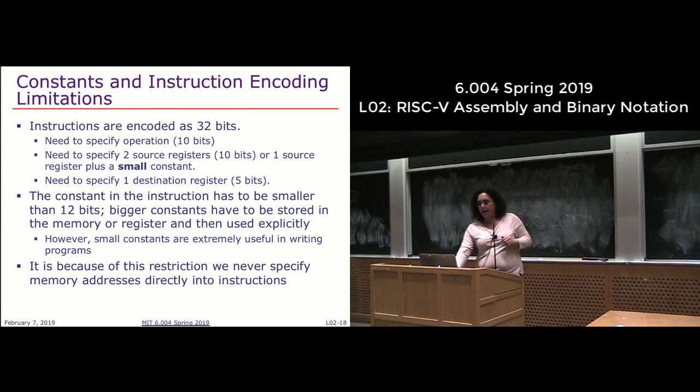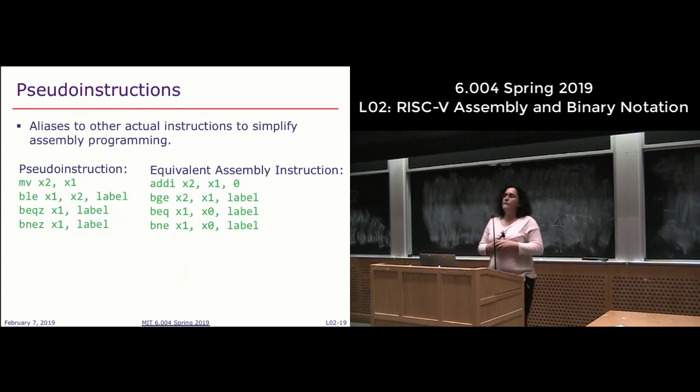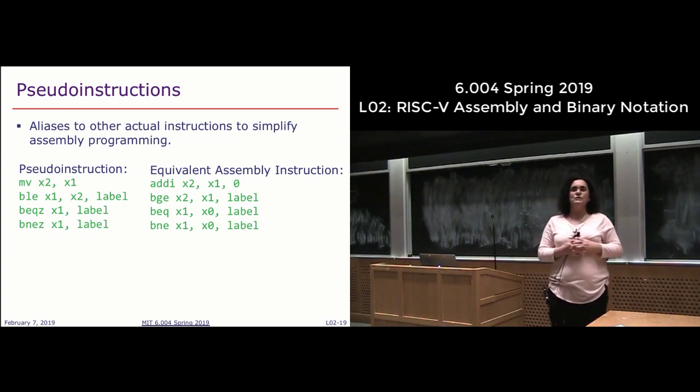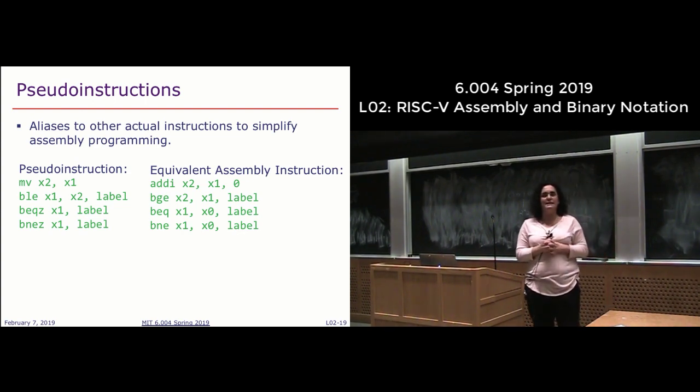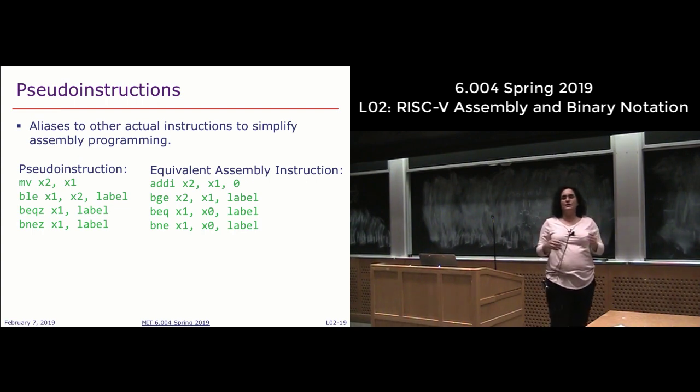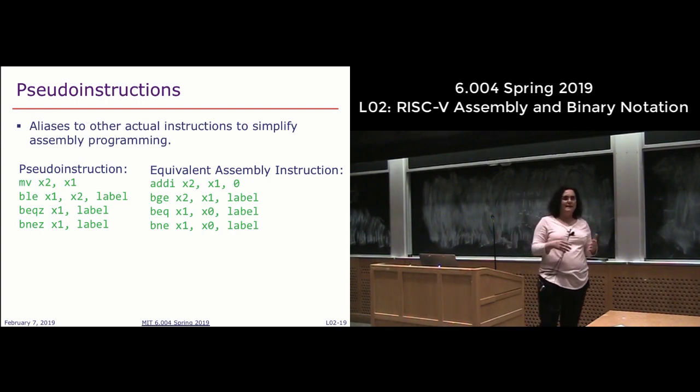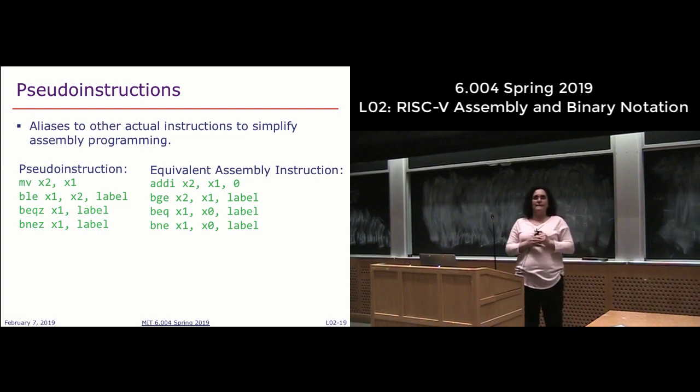All right, so just to wrap it up, as I mentioned, the instructions that are actually supported by the instruction set architecture are pretty minimal. They just are the instructions that you need in order to do everything that you need without going beyond that.